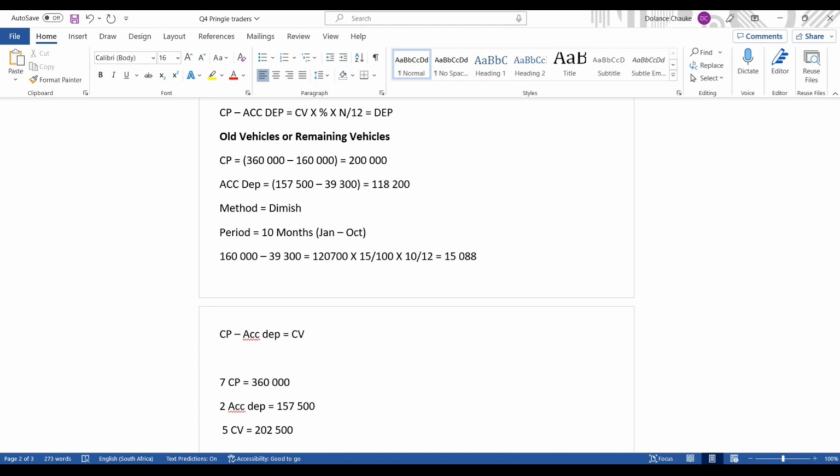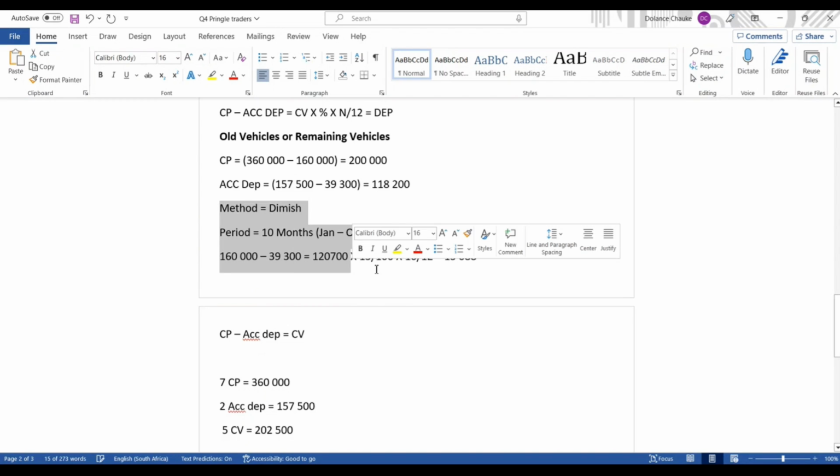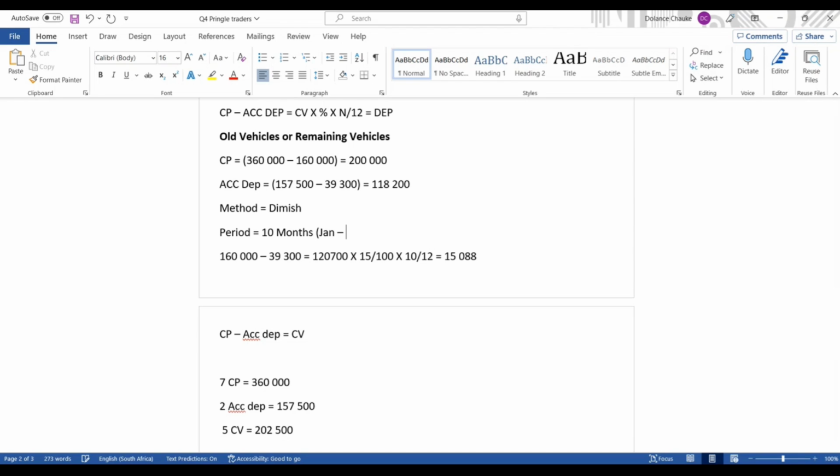Is everyone getting that? I don't want to leave anyone behind, as I said. Are we getting 118,200? So that is our accumulated depreciation for the remaining vehicle, on the diminishing balance method. And the remaining vehicle is always there from January to December, 12 months. Am I clear? It's always there for the whole year. Okay, so let's calculate our depreciation.